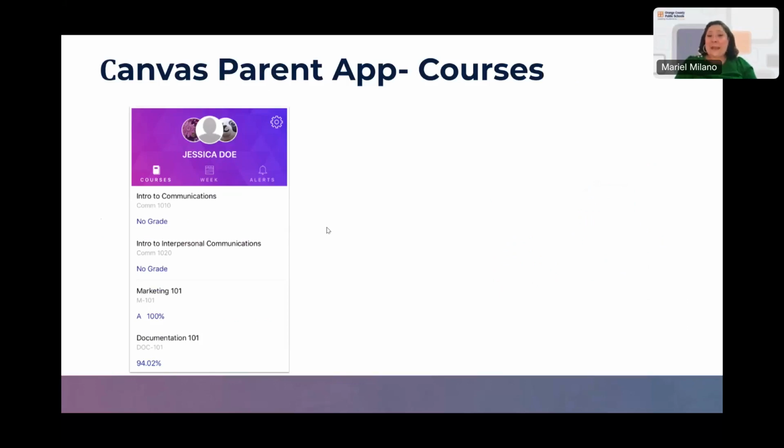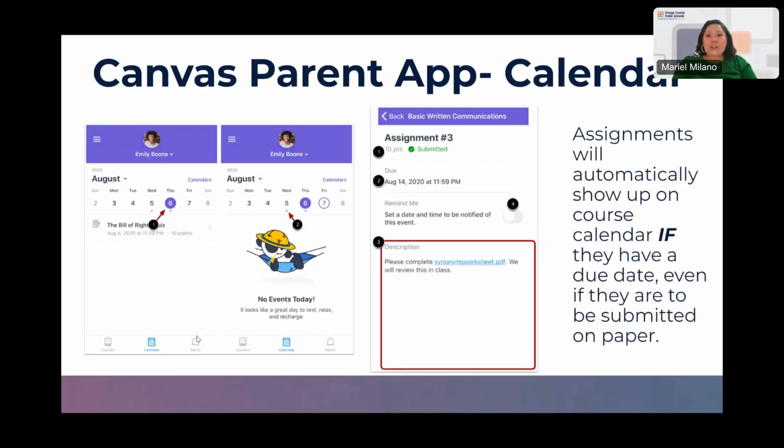Inside of the Canvas Parent app, right on your phone, you'll be able to log in and see, like in the example here, what classes your child's taking, the grade they have in that class, and you can also check out their calendar.